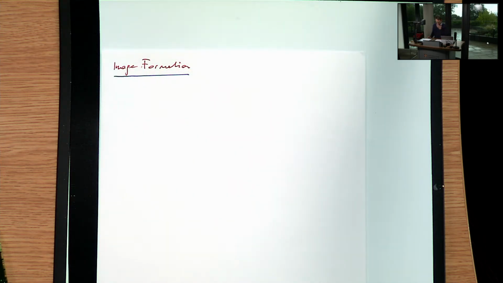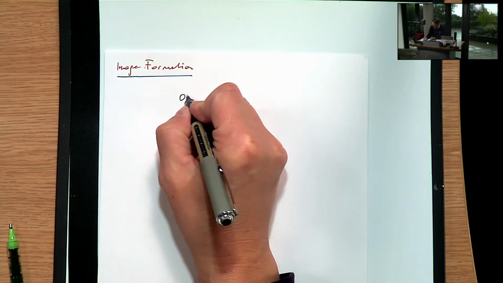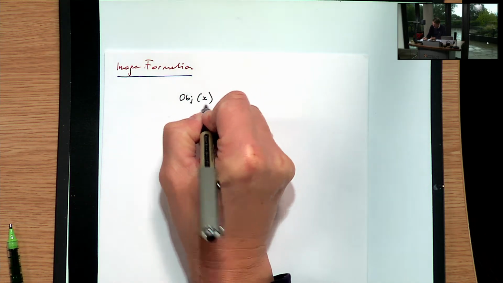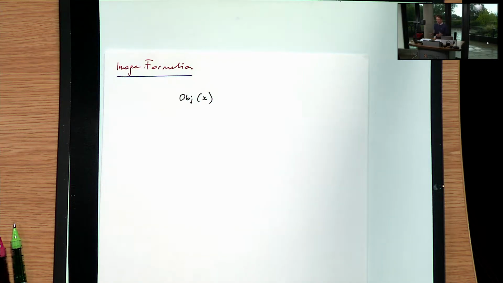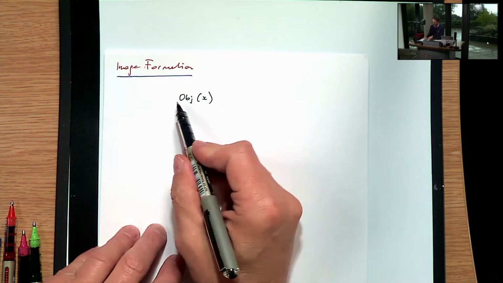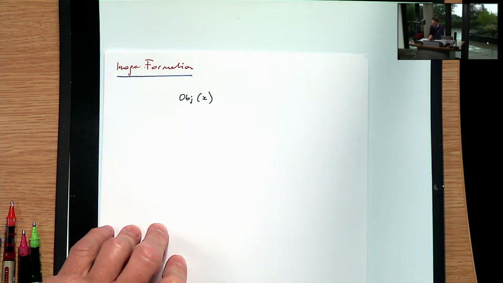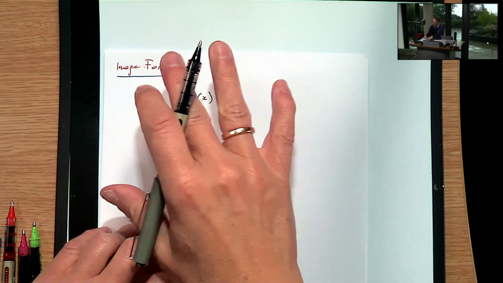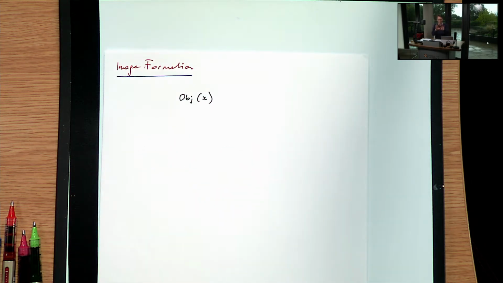So if I have an object, and we look at a 1D case here, the object has a fluorophore distribution along X that is described by a function like this, and I illuminate this now with a pattern.